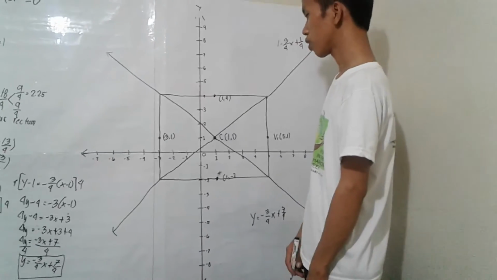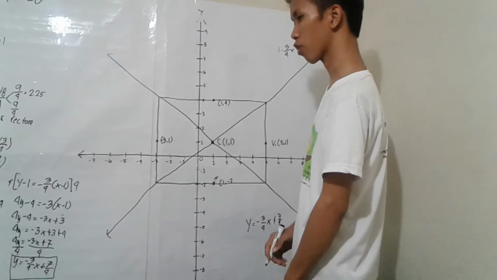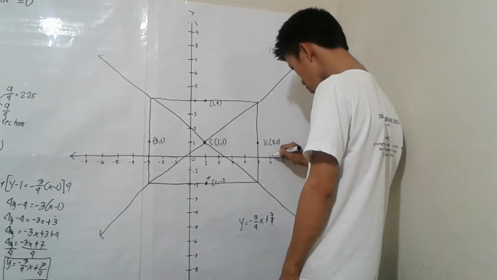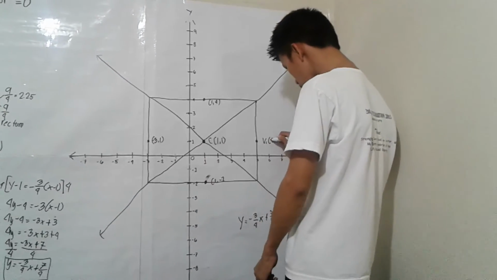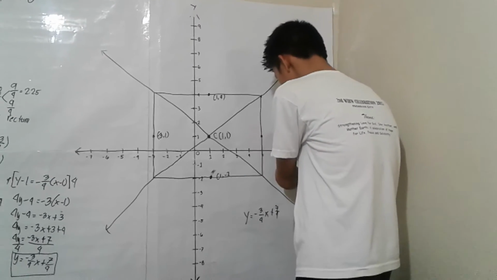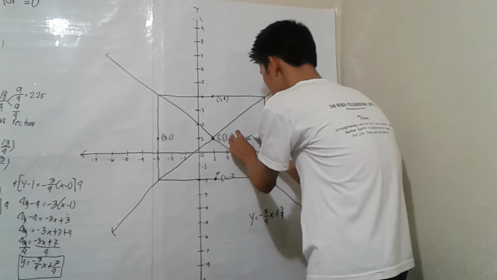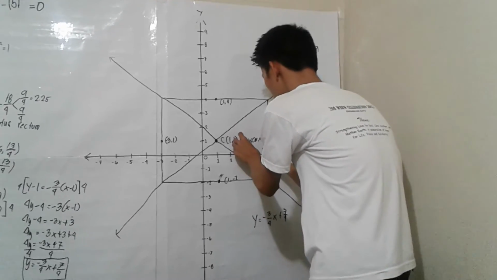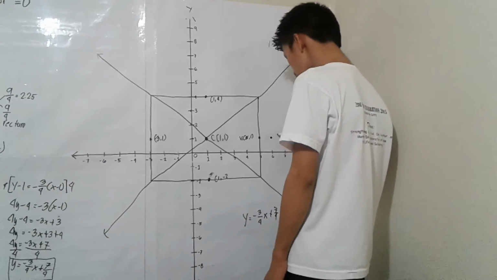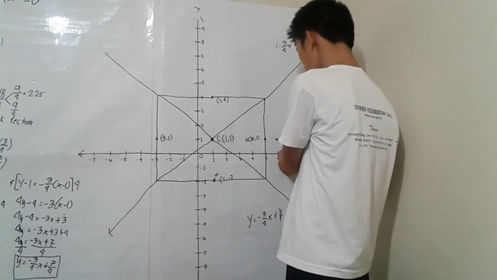So now let's find the points of our foci. Which is 6, 1. So here, 6 and 1. So let's transfer this coordinate. So this is 5 and 1. So let's label it. So this is focus 1, which is 6 and 1.